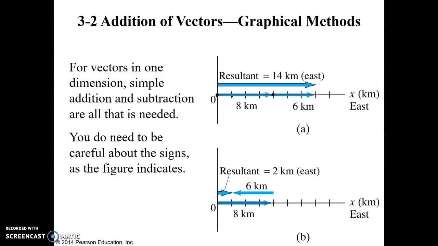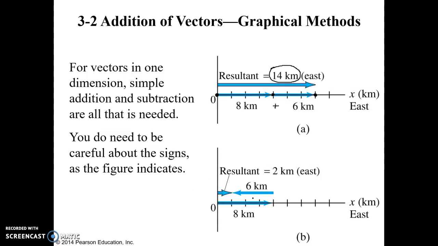And so when we add vectors together, essentially what we're doing is saying, okay, let's go from the starting point of the first vector to the ending point of the last vector and just go directly from start to end. What is that distance? Well, when they're aligned with each other, it's pretty easy. We just take, like in this example, 8 kilometers plus 6 kilometers, and that equals 14. So we just simply add those quantities together.